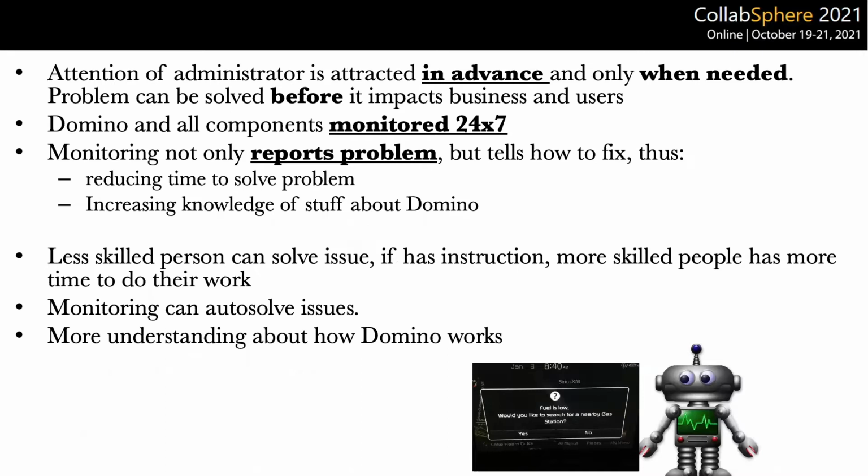And we also try to use predictive monitoring. By predictive monitoring, I mean that we can predict problems and even fix them in advance. So not wait until it impacts, don't get me wrong, in a domino effect way, other aspects of Domino.